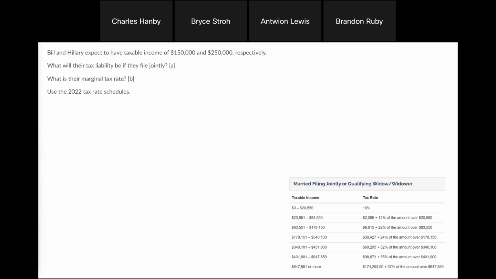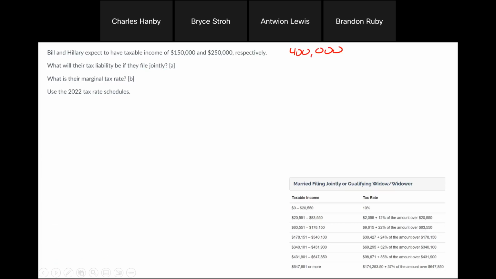So Bill and Hillary expect to have taxable income of 150,000 and 250,000 respectively. That means their taxable income is going to be $400,000 since they're filing jointly.